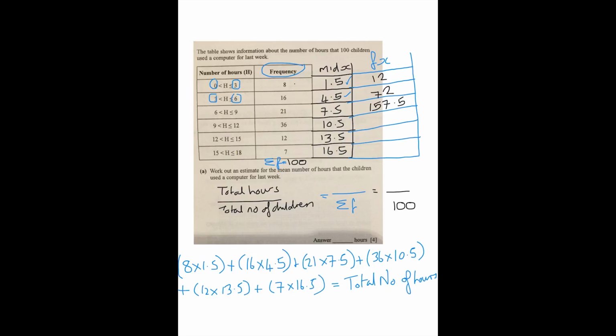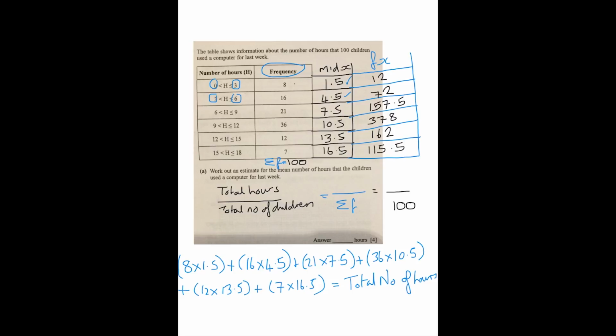It gives you 378 hours. Each of the 12 children spent 13.5 hours on the computer, giving 162 hours. And finally, each of the 7 children spent 16.5 hours each on the computer, giving 115.5 hours.